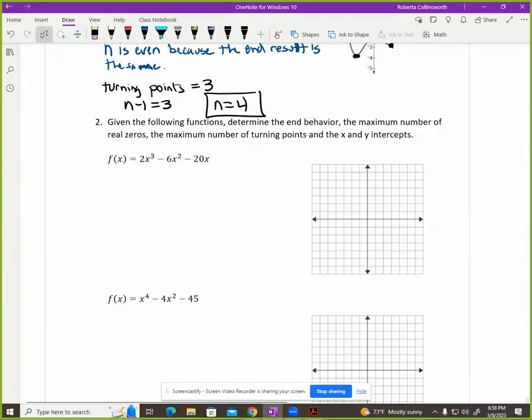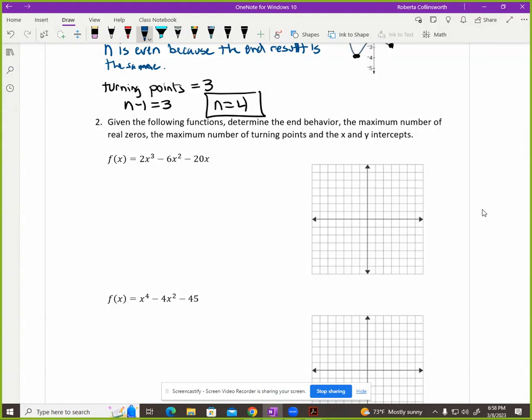Okay, so now let's look at number 2. Number 2 says, given the following functions, I have 2 of them, determine the end behavior, the maximum number of real zeros, the maximum number of turning points, and the x and y intercepts. All right.